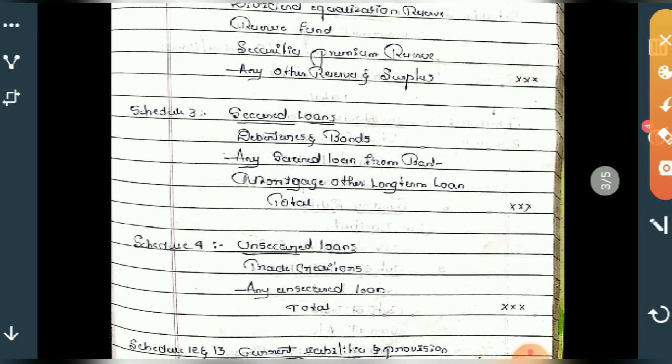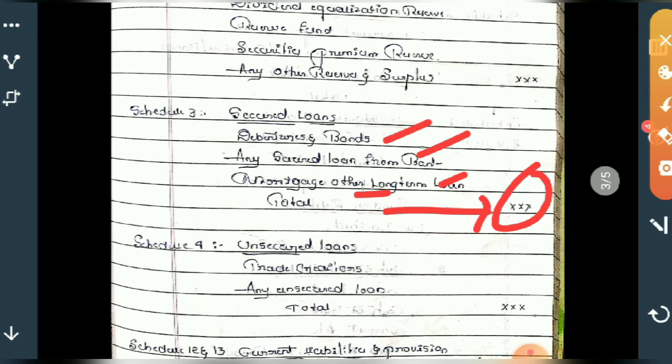That is called secured loans. So debentures, bonds, or any secured loans from banks, mortgages, long-term loans, all those things will be there. You have to total it and write here, and take this to the main balance sheet format.